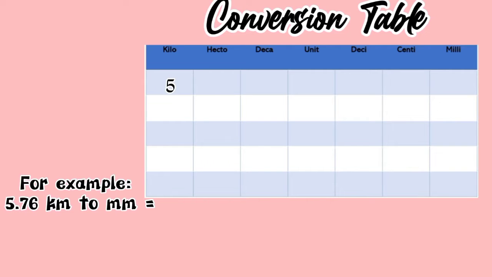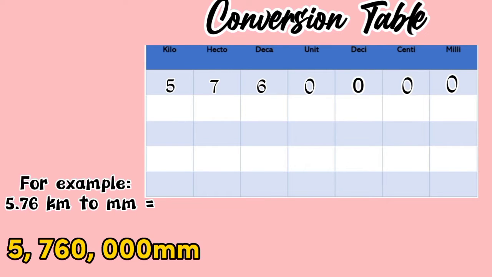Then we insert 7 here in hecto, then 6 here in deca. After putting the given, we insert a 0, starting here in the unit until we meet the millimeter. So the answer for 5.76 kilometer to millimeter is 5,760,000 millimeter.